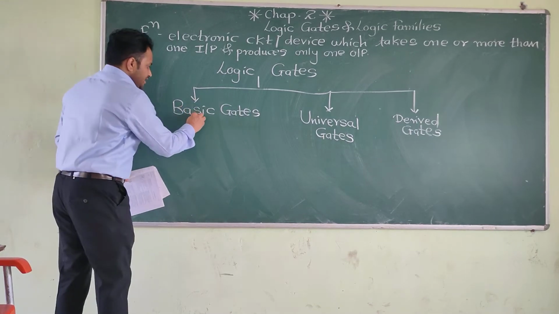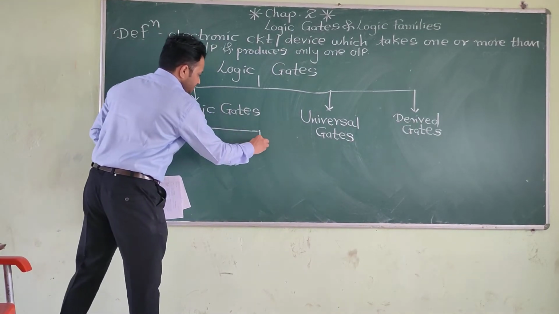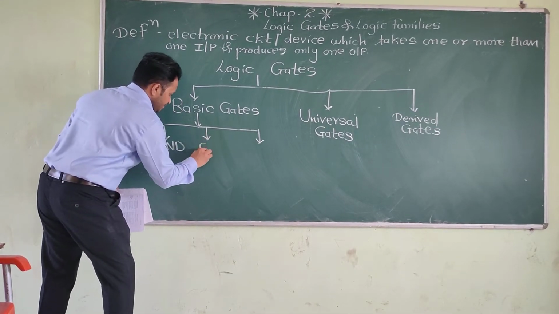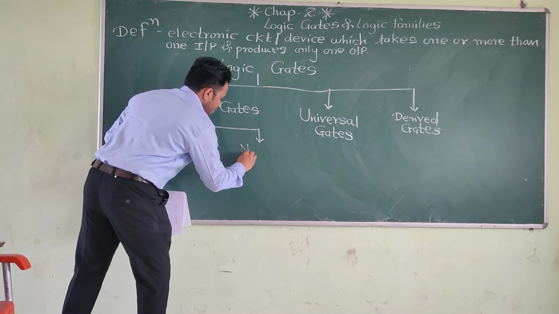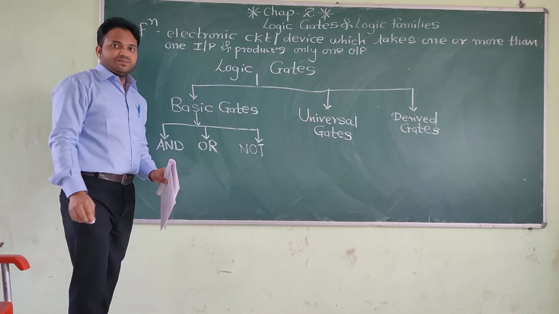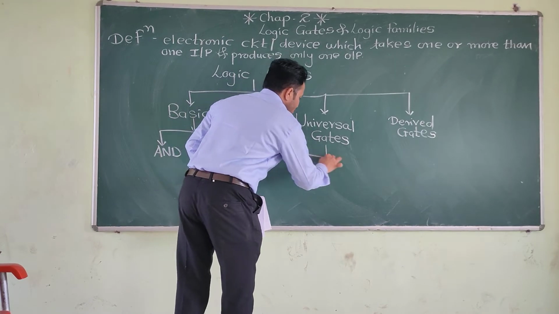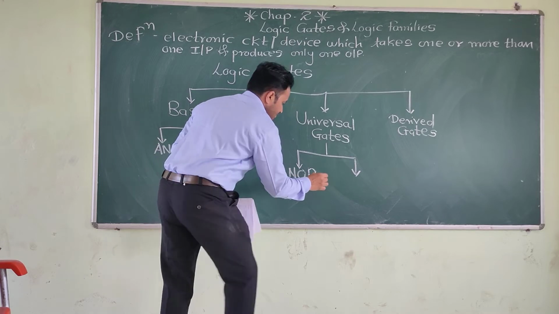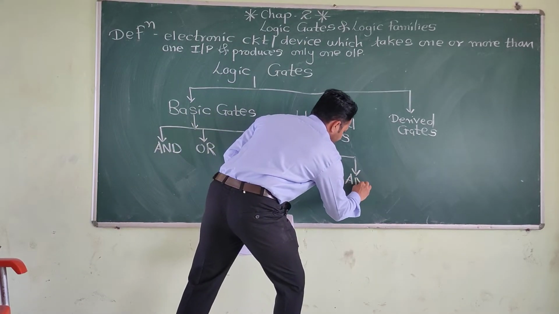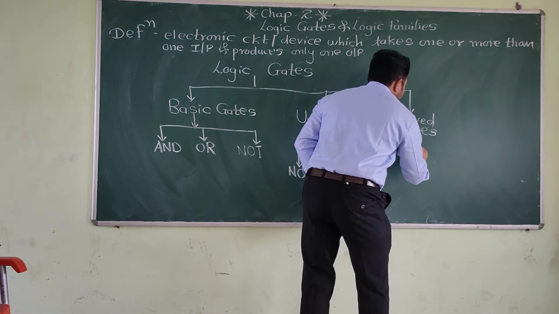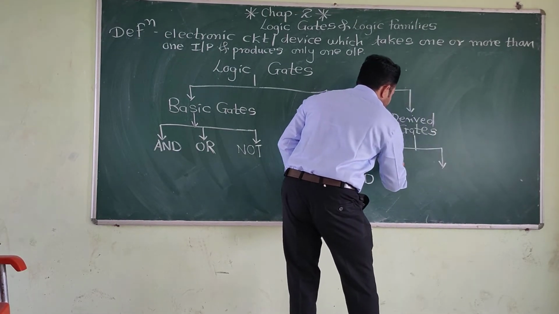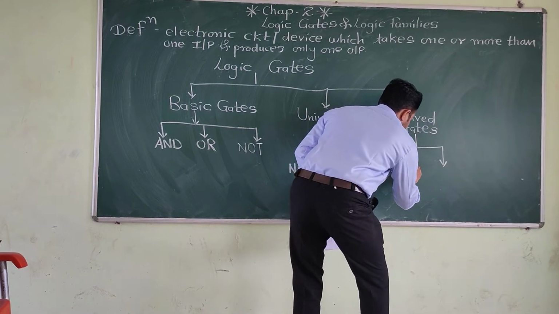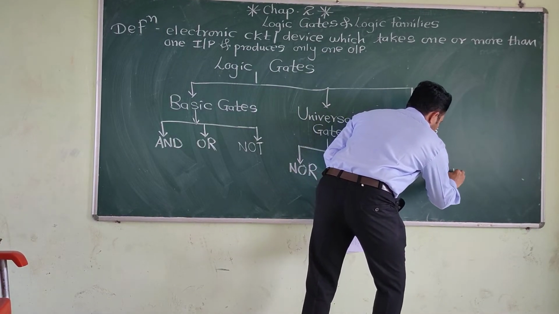In that there are three basic gates, and these are AND, OR, and NOT. These are the three basic gates. Now there are two universal gates, that is NOR and NAND. And there are two special purpose gates, also called derived gates, and these are XOR and XNOR.